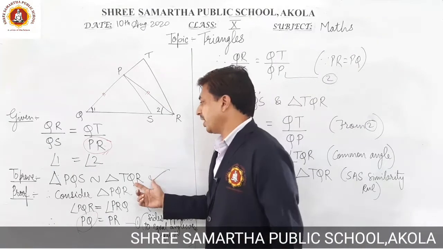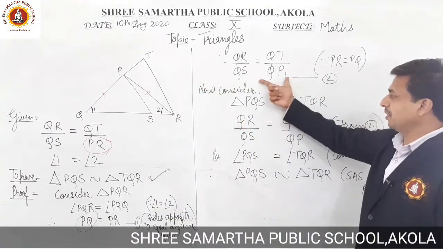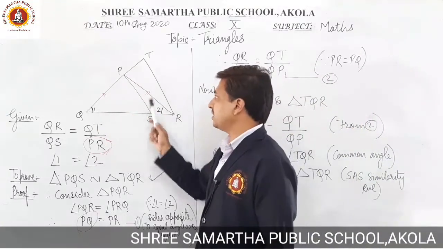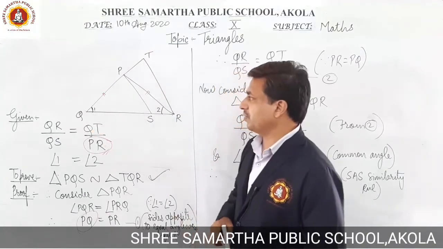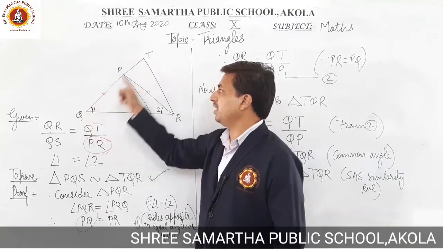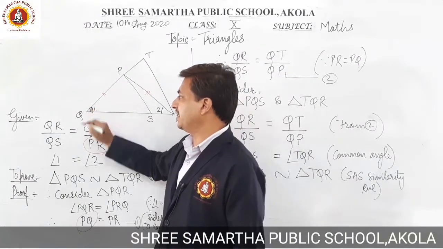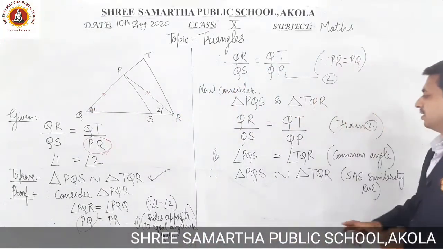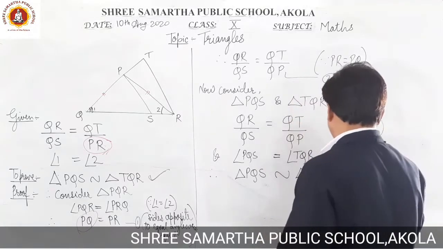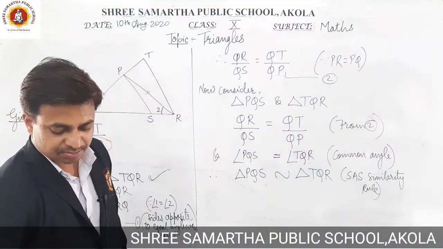From equation 2 we have got that these sides are in proportion. In PQS and TQR, QR by QS is equal to QT by QP, and the angle between them, that is angle Q, is common in both triangles. Therefore the two triangles are similar by the SAS similarity rule. Understand, dear students? Now we will consider the second example.